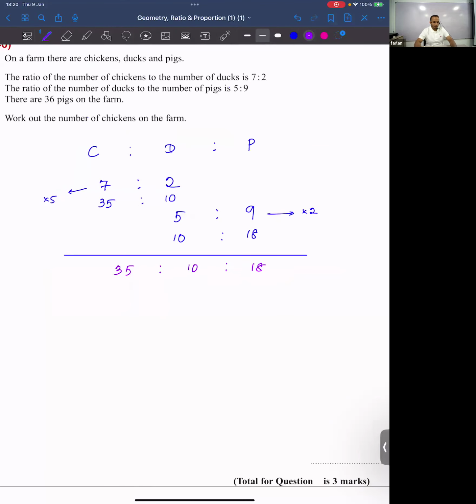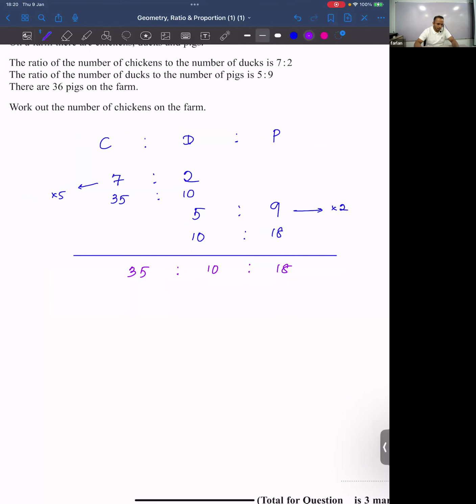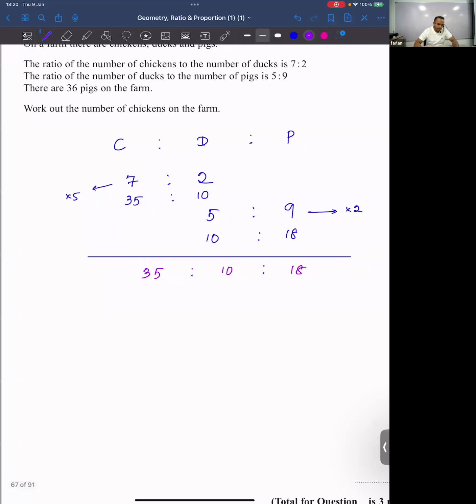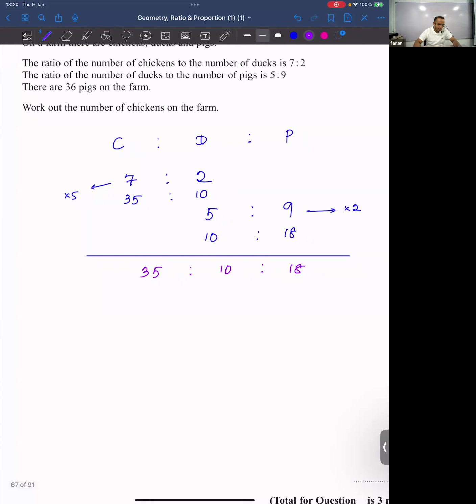Okay. Now the rest we can do. They are telling there are 36 pigs in the farm. Work out the number of chickens in the farm. Pigs is represented by 18 portions. Chicken is represented by 35 portions. 36 pigs is 18 portions, so one portion will be 36 over 18.